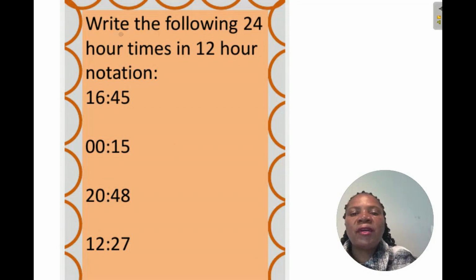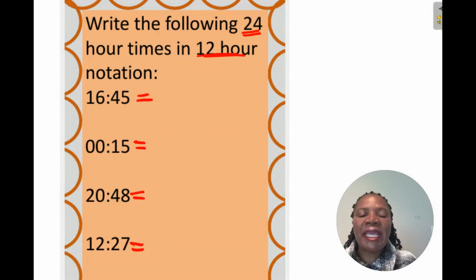Here we have: write the following 24-hour times in 12-hour notation. Look at how we write the 12-hour notation. In 24-hour notation, we don't need to indicate p.m. or a.m. The numbers on the hours will tell us whether it is in the morning or in the afternoon.